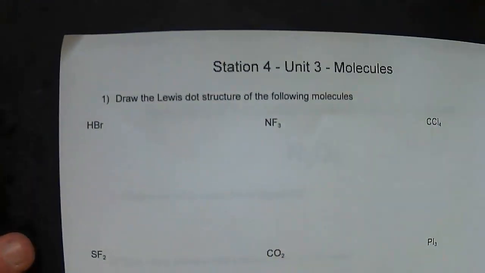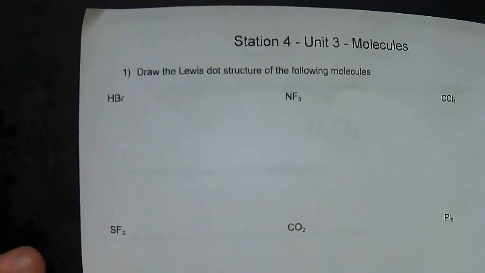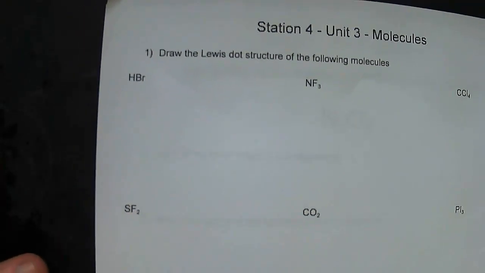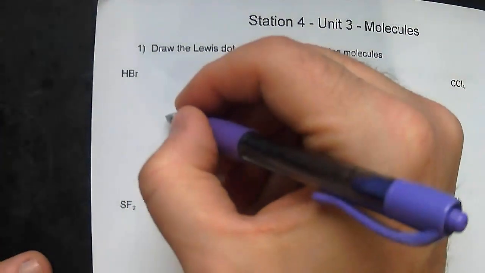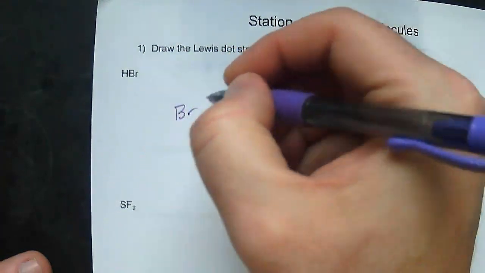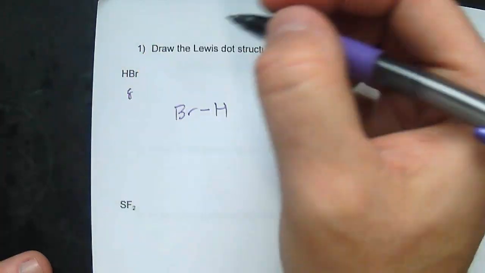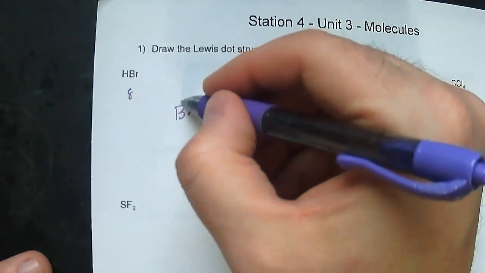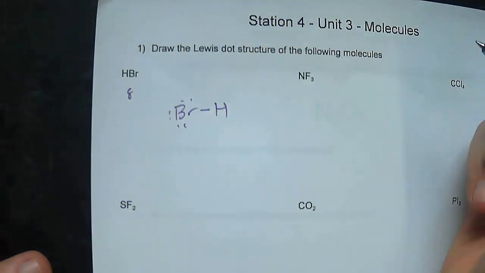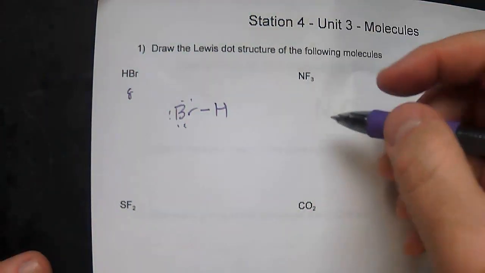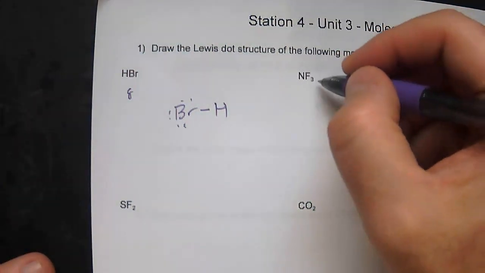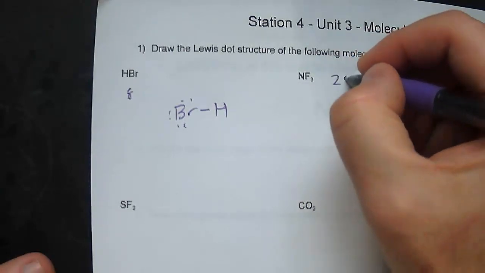Go back around and we start doing stuff from Unit 3 again. And so HBr, we're going to put Br in the middle, connect it with H, just so you know this is 8. So then we complete the octet. Okay. Here, when we count, we get up to 26.